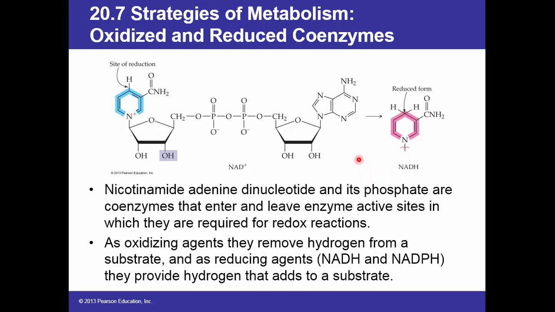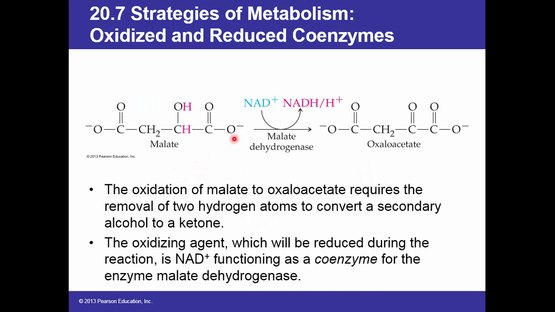If we take this example, the oxidation of malate to oxaloacetate, you see, this alcohol is oxidized to a keto group by malate dehydrogenase enzyme, and the oxidizing agent is NAD+.